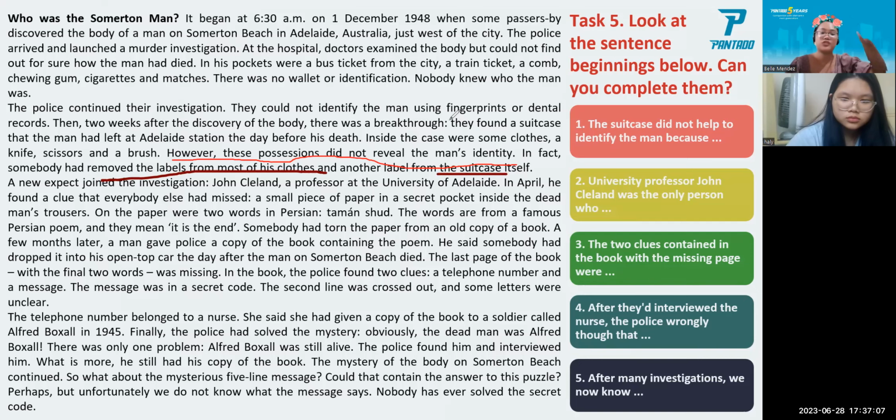So there's no information in the suitcase. That's why the suitcase doesn't help identify the man. Okay, yeah, there's no identification as well.